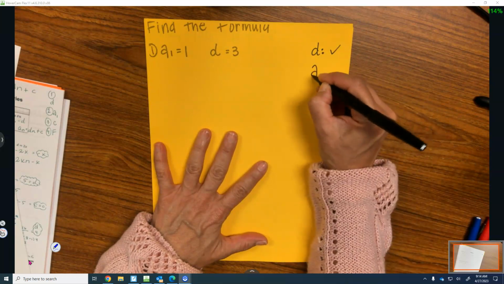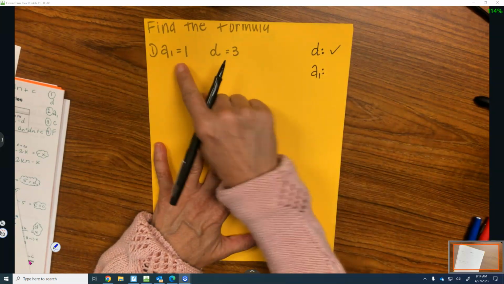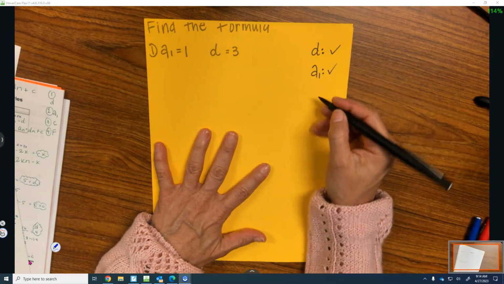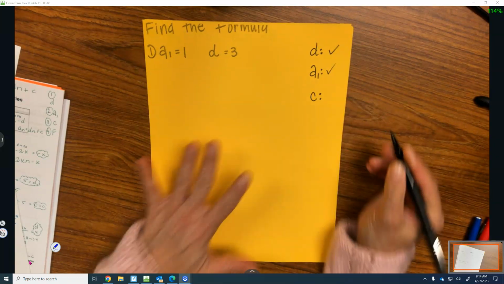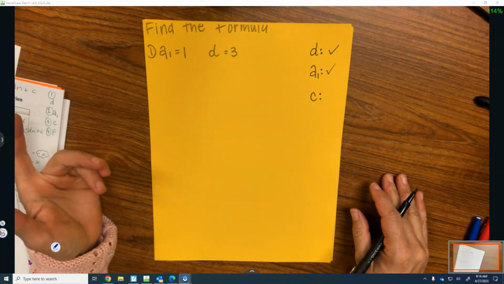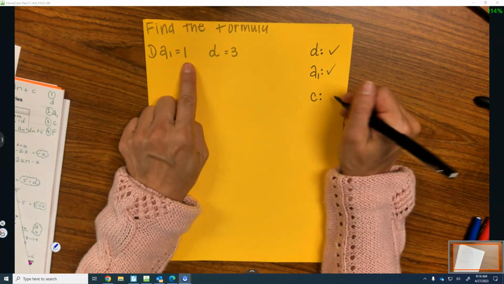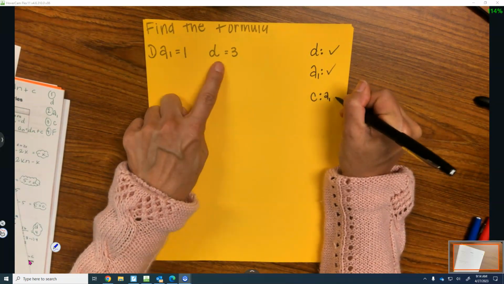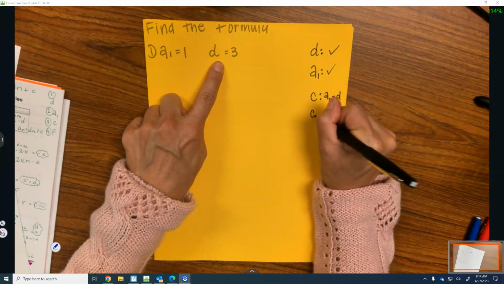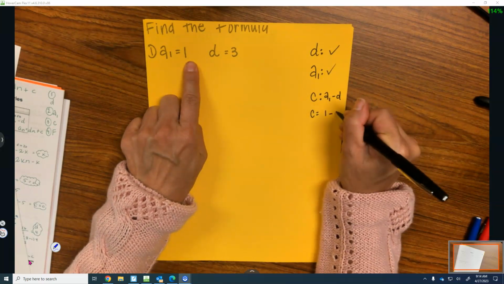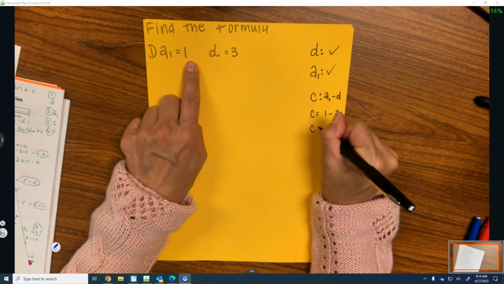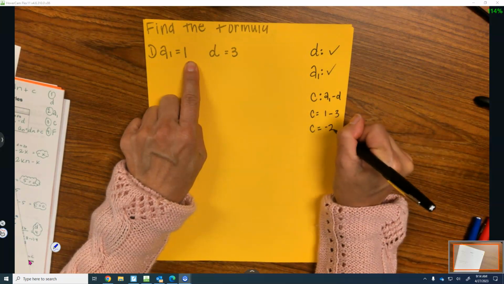You need a sub 1, which is given. We need the constant, which is not given. It's never given. And the constant is a1 minus the difference. So the constant is going to be 1 minus 3. So the constant is -2.